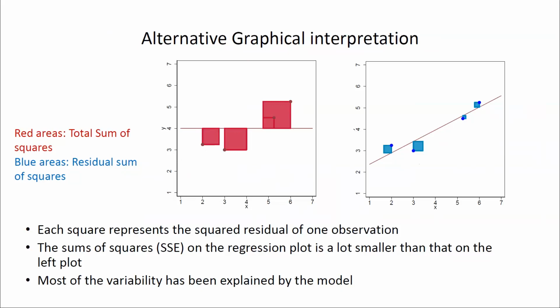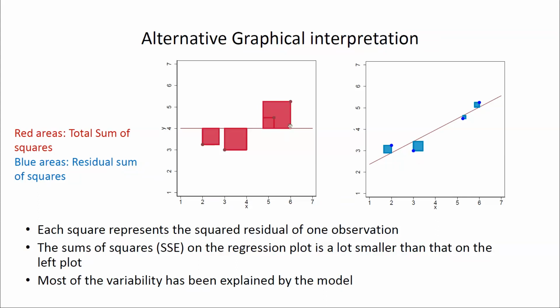Now we are decomposing the sums of squares. And when you have squares, we know that the square can be represented by an area. So if this is the predicted value here, y equals 4, and this is the value in the data, y equals 5 point something, then I have the residual as the difference.